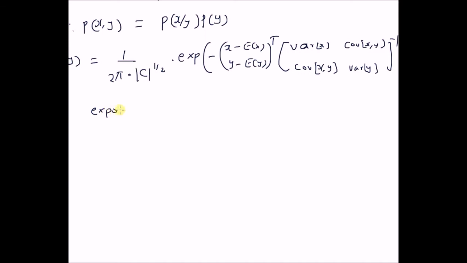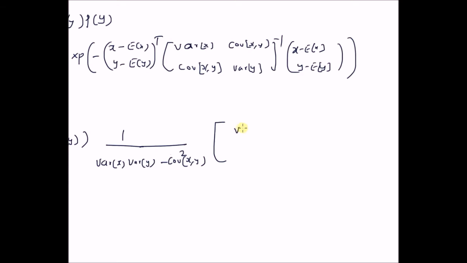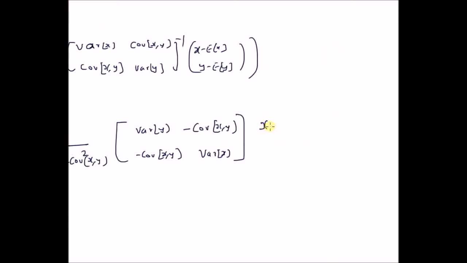The exponent is equal to (x minus E of x, that is expectation of x, and y minus expectation of y) multiplied by the inverse of this 2 by 2 matrix, which is clearly equal to 1 by the determinant, which is variance of x into variance of y minus covariance of x comma y whole squared, multiplied by the adjoint matrix, which is variance of y, minus covariance of x comma y, minus covariance of x comma y, and variance of x, multiplied by the vector (x minus E of x, y minus expectation of y).